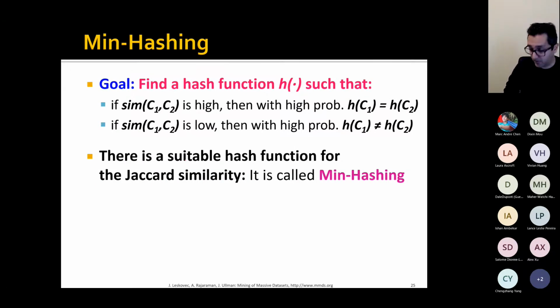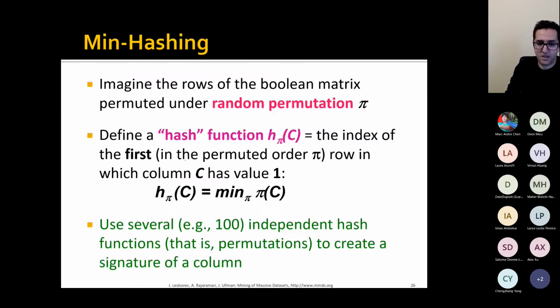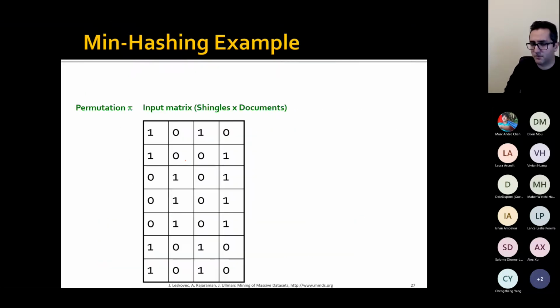A suitable hash function that actually compresses data for us and preserves similarity is called Minhashing. I'm going to explain how Minhashing works. This is just a wall of text. It's just more efficient to teach you Minhashing using an example.